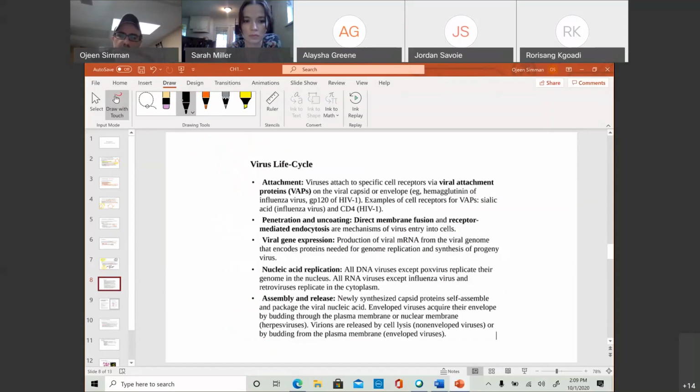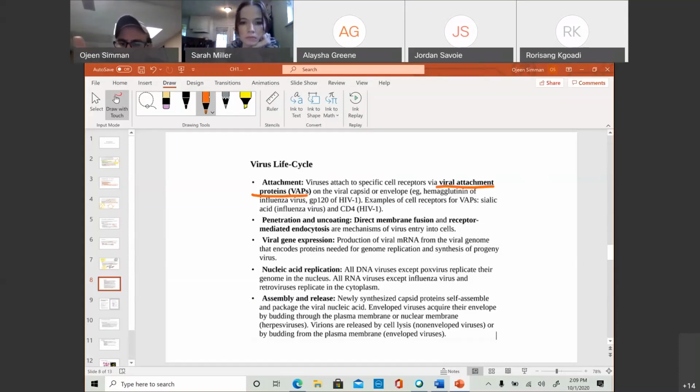Okay. So this is a summary of the virus life cycle. I want you guys to know the following. So again, the attachment phase: viruses are going to attach to a host cell receptor through viral attachment proteins located either on the viral capsid or the envelope.